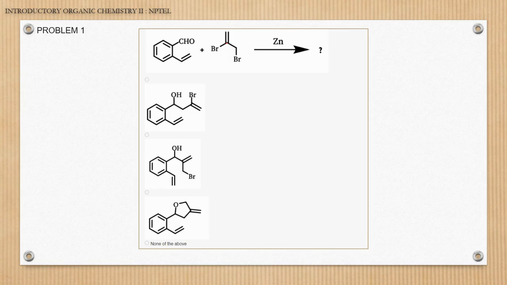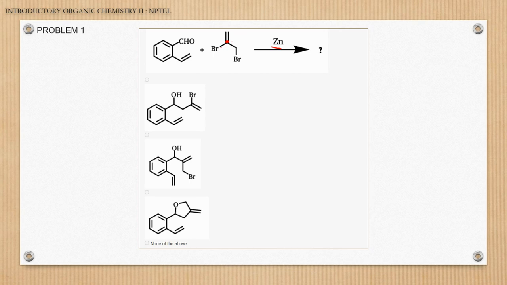Why sp3? Because, guys, what happens if you have to insert zinc in between a C-Br bond? That is an oxidative addition step, and the sp2 carbon-bromine bond length is less than the sp3 C-Br bond. So it is convenient for zinc to get inserted between the sp3 hybridized C-Br bond rather than the sp2 hybridized C-Br bond because of the shorter bond length.